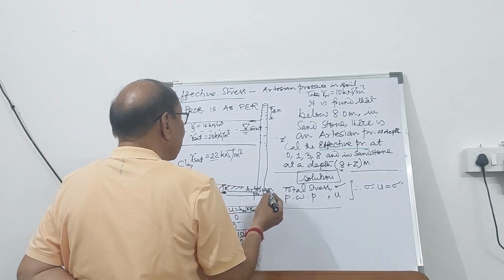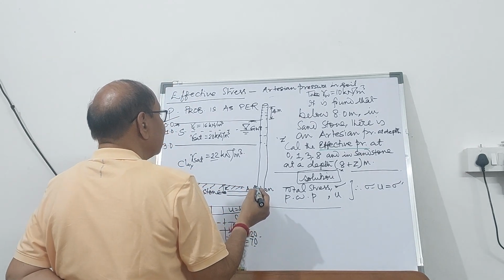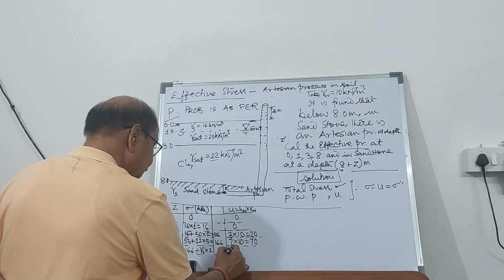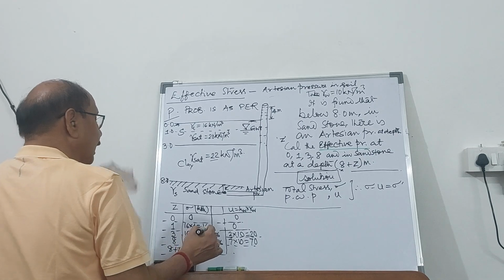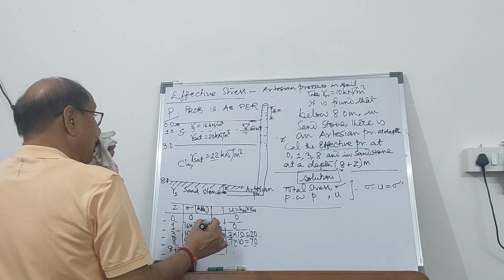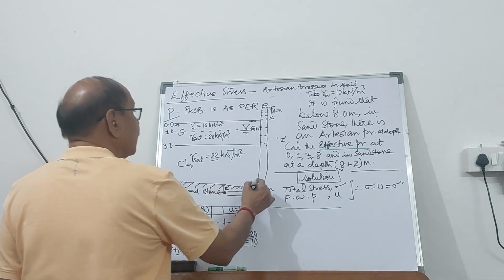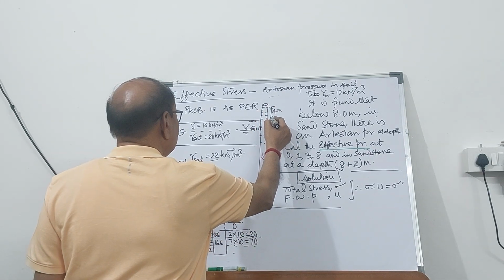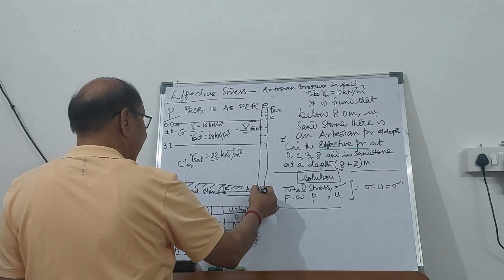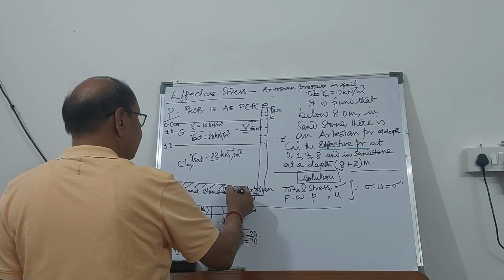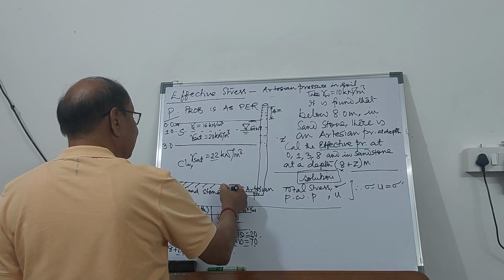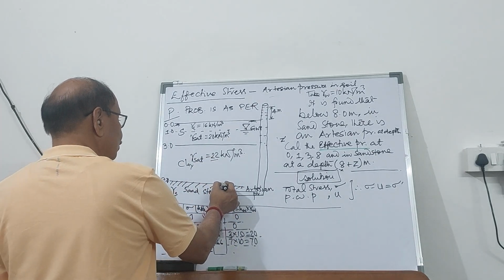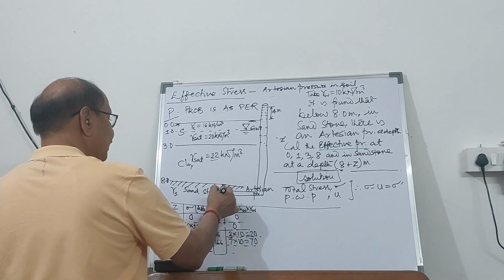So the pore water pressure here is already 70, and let's say the point is in the near vicinity of this sandstone, just here, very near.